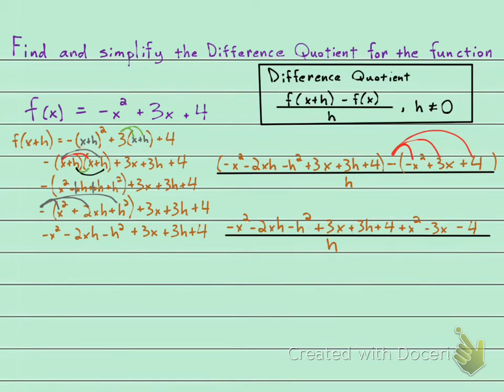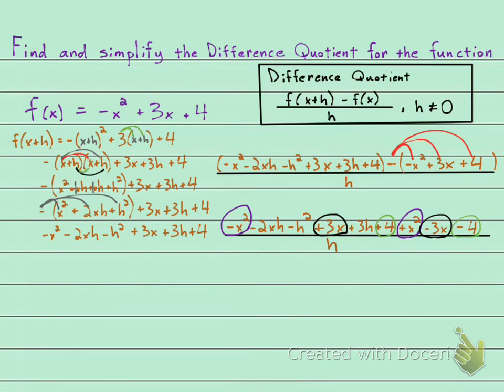Now let's see if there's any like terms that we can combine. I see a few. We have a negative x squared, and we can put that together with a positive x squared. We have a plus 4, which I can combine with a minus 4. And we have a plus 3x, which I can combine with a minus 3x. Anything else? Nope, that's it.